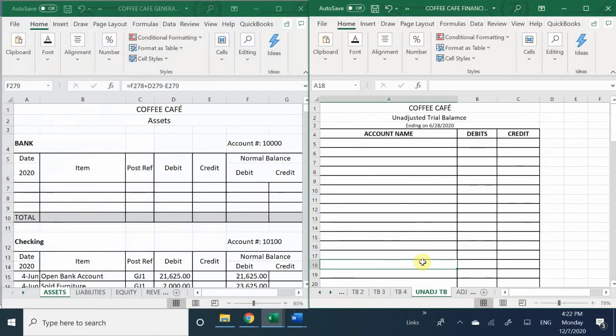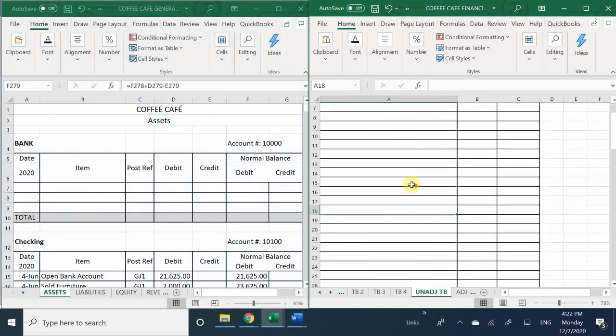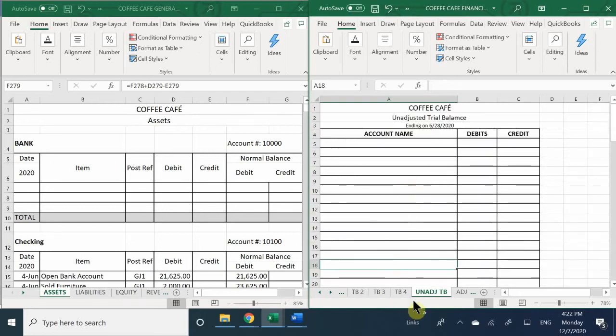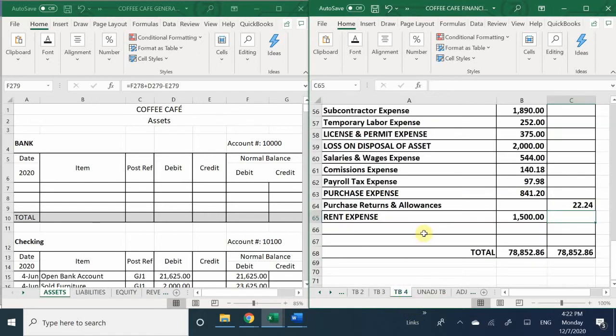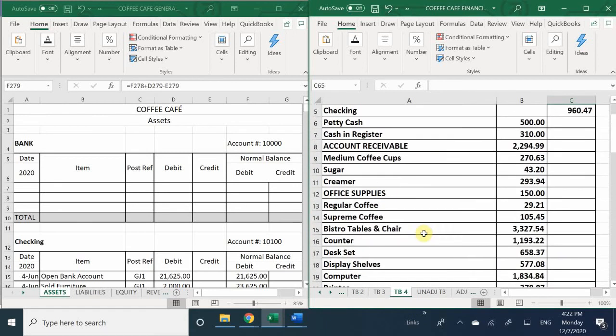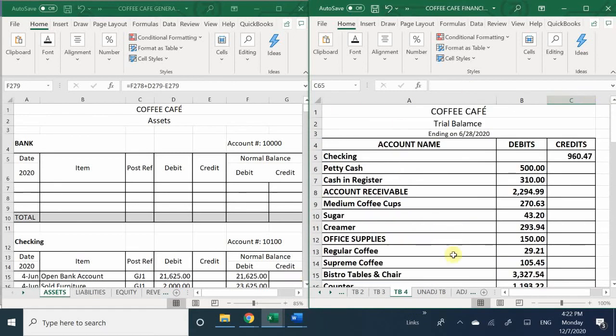So we're doing our unadjusted trial balance now since we reached the end of our thing. I'm going to do a quick shortcut here to copy and paste things over.